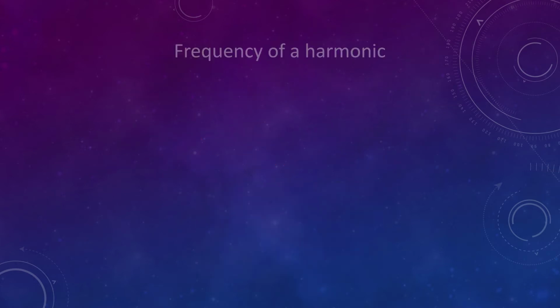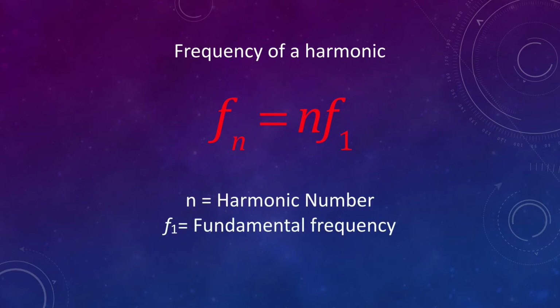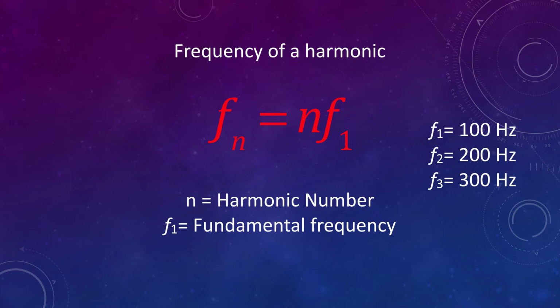There's a simple formula for determining the frequency of a harmonic. That is, Fn equals n times F1, where n is the harmonic number and F1 is the fundamental frequency. So if the fundamental frequency of the string is 100 Hz, the second harmonic is 200 Hz, the third is 300 Hz, etc.